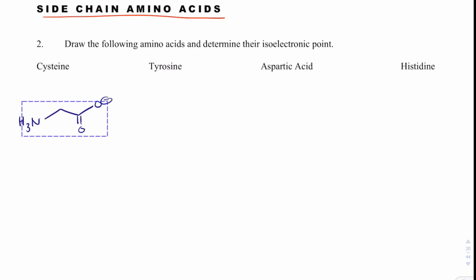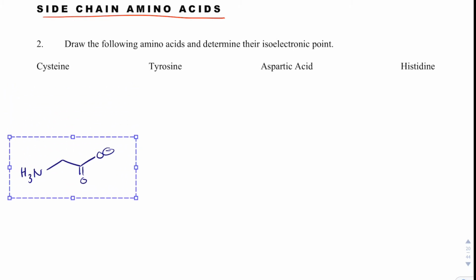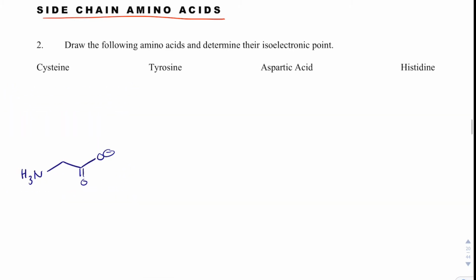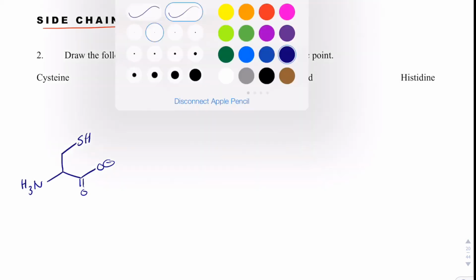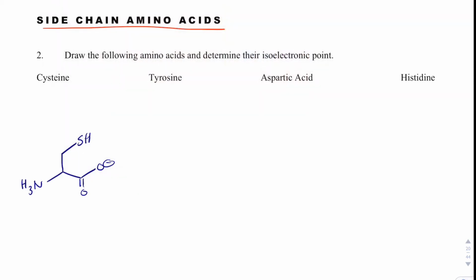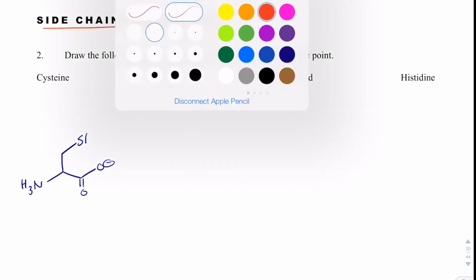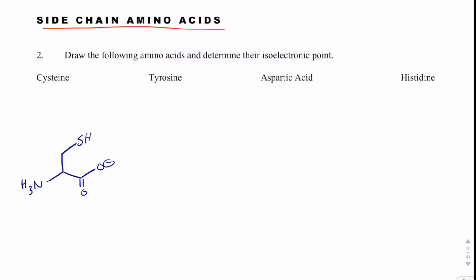And the R group of cysteine is a carbon, then a thiol. And then I'm going to figure out the pKa's according to the pKa table, which I have in front of me.